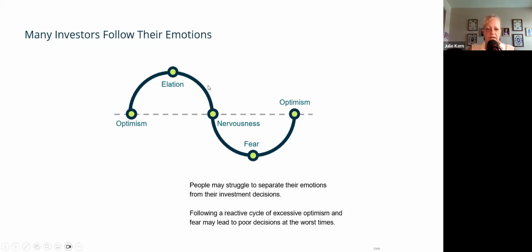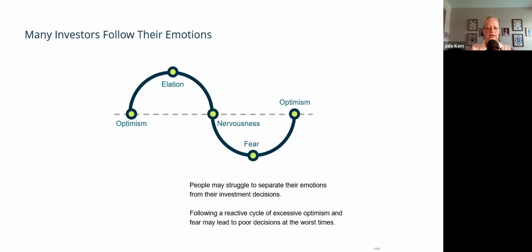And then as the market corrects, which it always does, the market goes in cycles, then you start feeling nervous, and then it goes to fear. Down here in fear is where a lot of people are really tempted to move some or all of their portfolio to cash or gold or something that they are less nervous about.